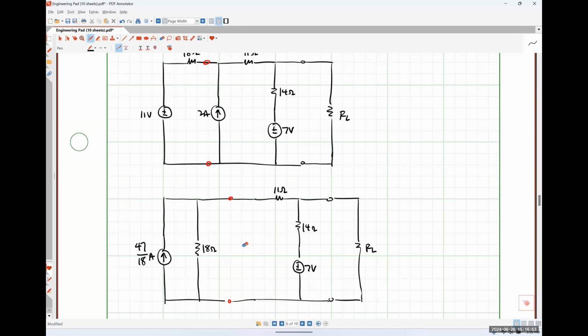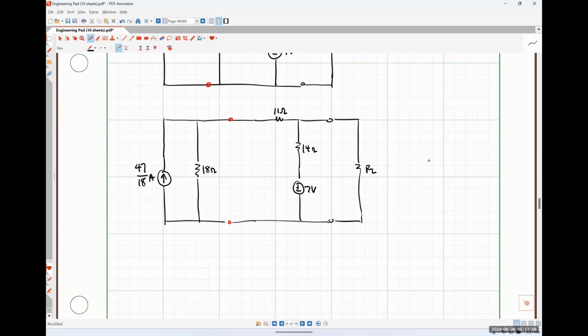Now I'm going to source transform the practical current source on the left back into a practical voltage source, which will allow me to combine the 18 ohm resistor and the 11 ohm resistor. So 47/18 times 18 is going to look like 47 volts.